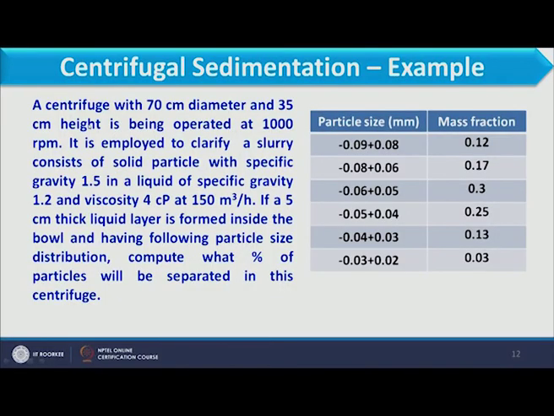So here we have an example of centrifugal sedimentation, where a centrifuge with 70 centimeter diameter and 35 centimeter height is being operated at 1000 rpm. It is employed to clarify a slurry consisting of solid particles with specific gravity 1.5 in a liquid of specific gravity 1.2 and viscosity 4 centipoise at 150 meter cube per hour.